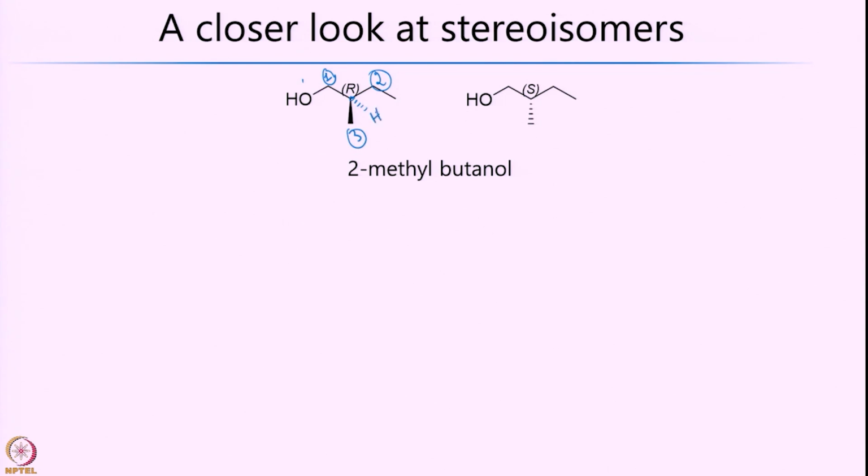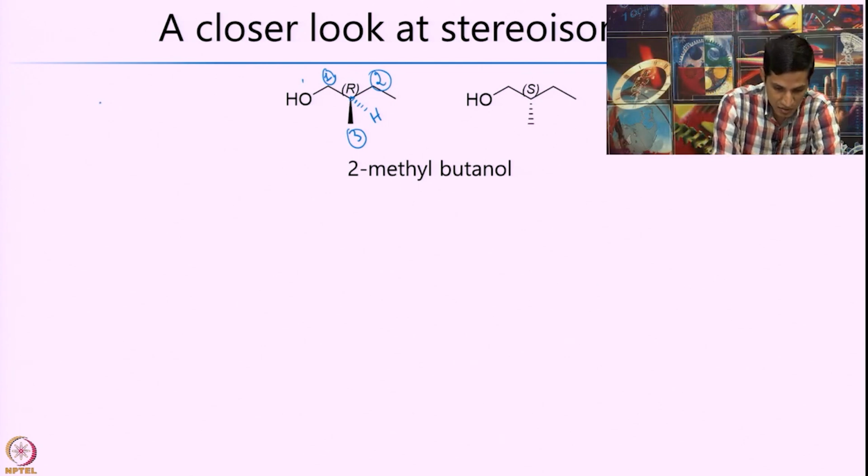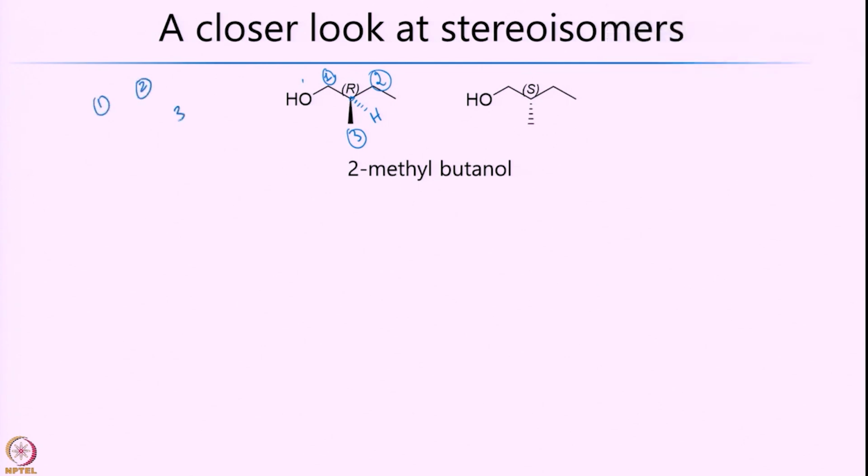In the Cahn-Ingold-Prelog method we have the hydrogen always pointing away from us, and that is indeed the case in this particular isomer. So, if you now put it like this, we have 1, 2 and 3 arranged in space. This would go clockwise, and this gives rise to the R enantiomer or R form, and that is what we have here.